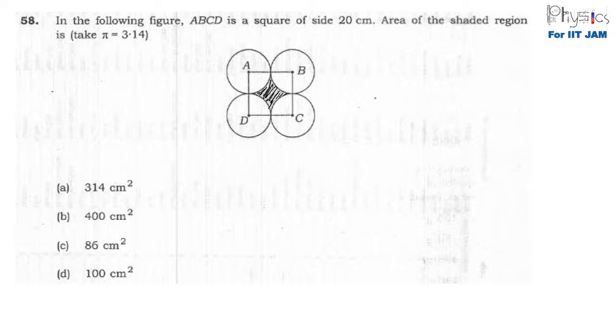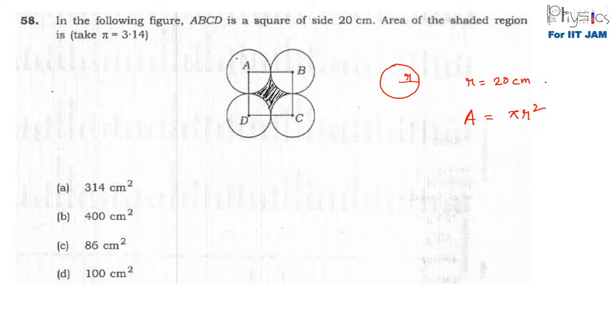See, here suppose the radius r is 20 centimeter, right? So what will be the area of the circle? The area of the circle is pi r square, right? Pi r square. Let's not calculate it right now.